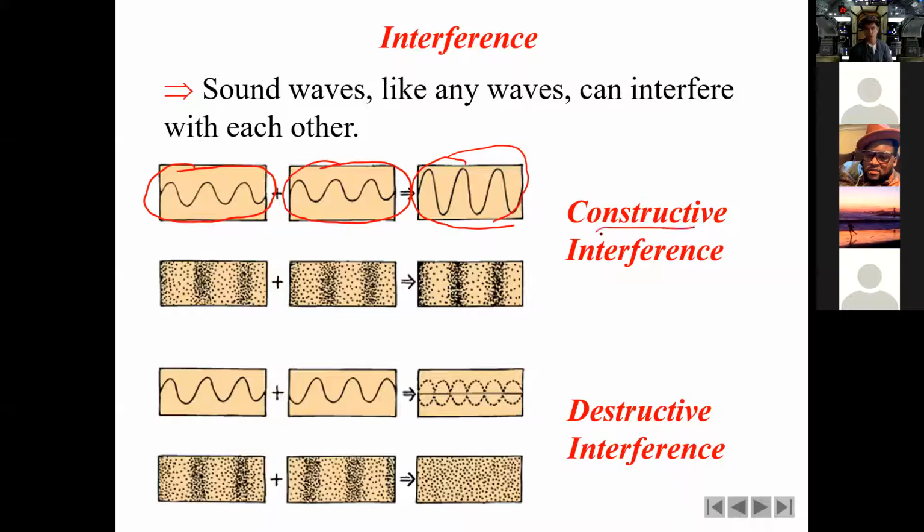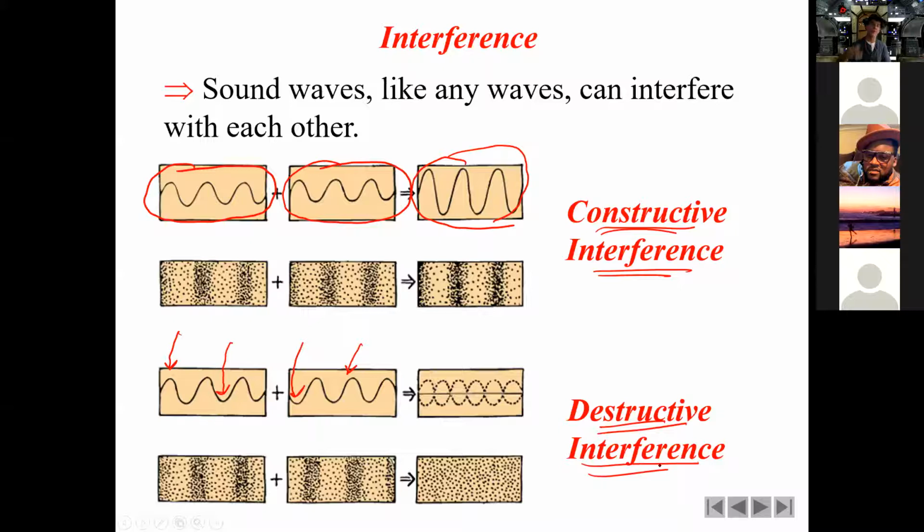We call that constructive interference. Well, you can also have destructive interference where the two waves are, in a sense, like mirror images of each other. So when this wave here is peaking, this wave here is at a minimum. When this wave here is at a minimum, this wave is peaking. When I add these two together, I basically get destructive interference.